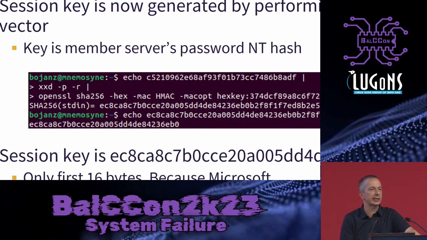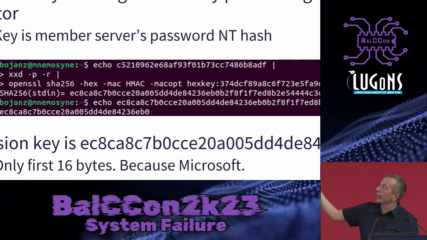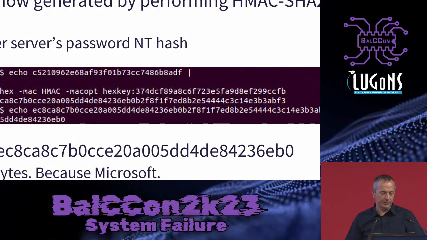I'm using XXD to convert this from hex into raw bytes, right? And then I'm using OpenSSL with HMAC SHA-256 algorithm this time, with key, which is the server's password. Make sense? Everyone following so far? Okay, because it's important for the next phase.